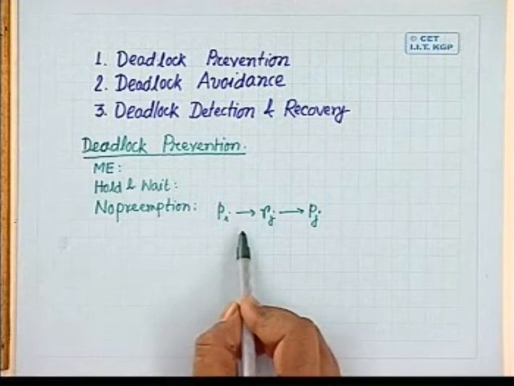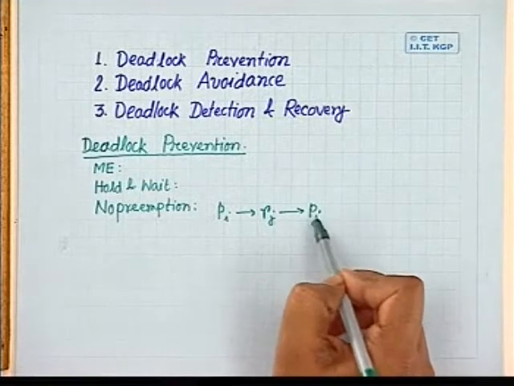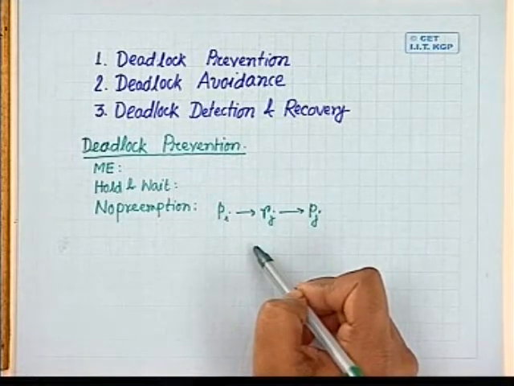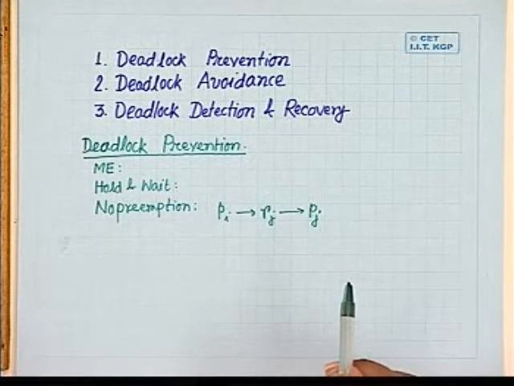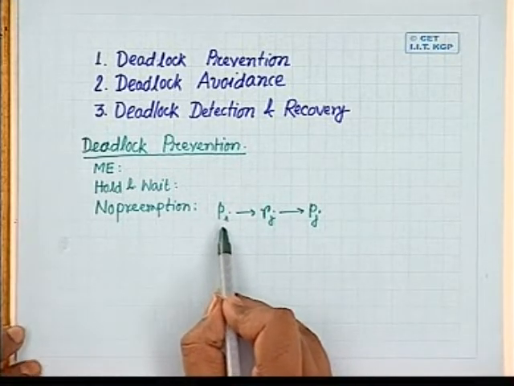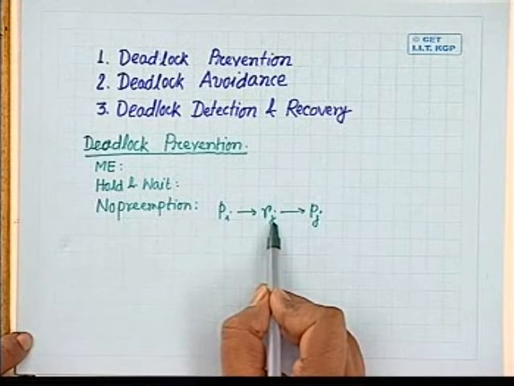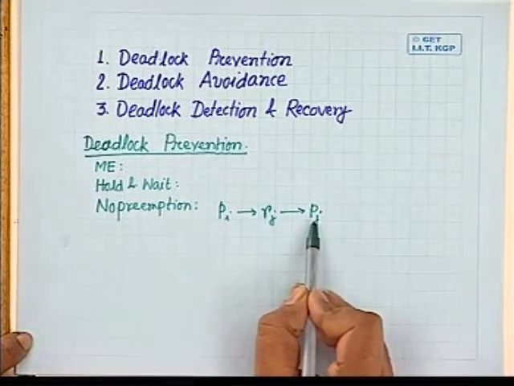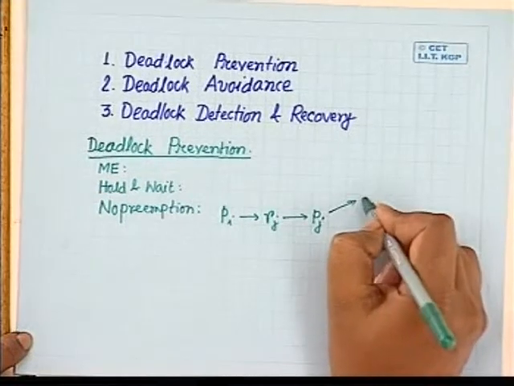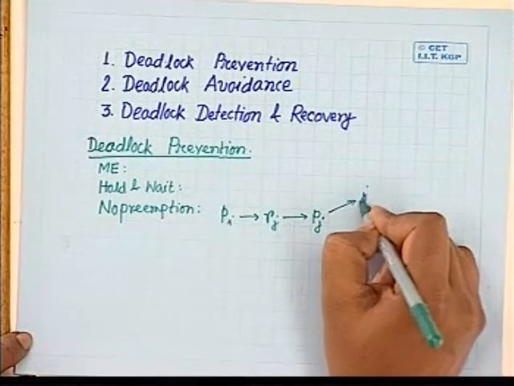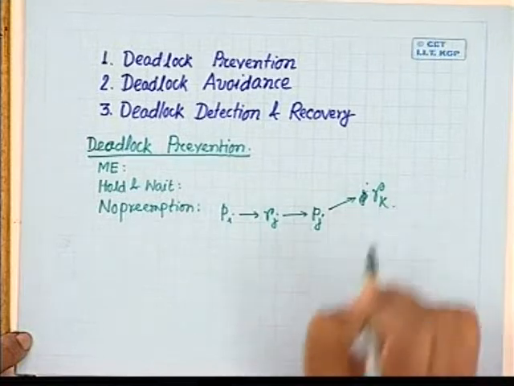The other approach can be, we can ask Pj to release Rj immediately, if Pj is waiting for some other resources. Okay, so I can have a situation like this, that Pi is waiting for Rj, Rj is allocated to process Pj, Pj is in turn waiting for another resource type, say Rk.